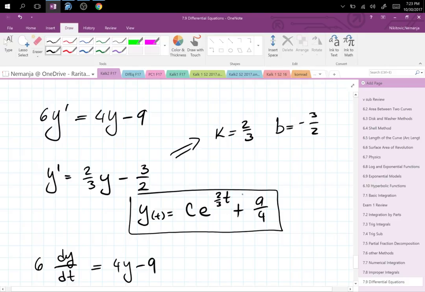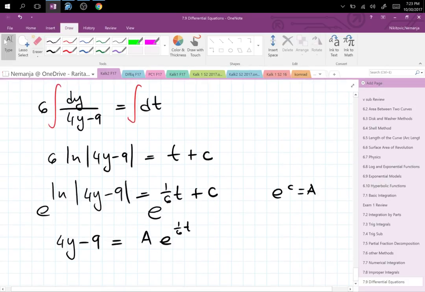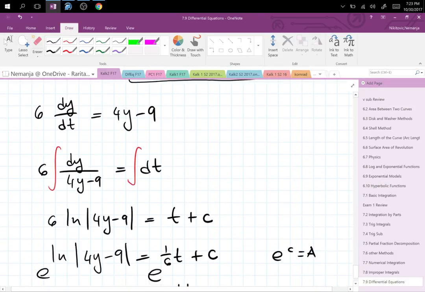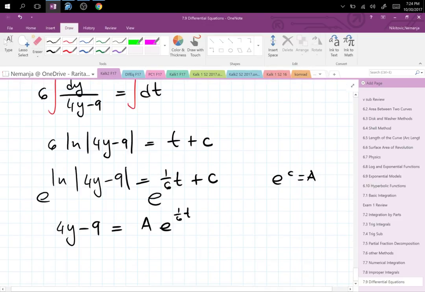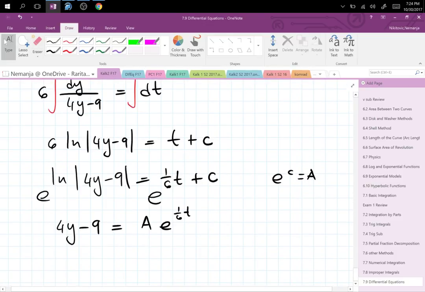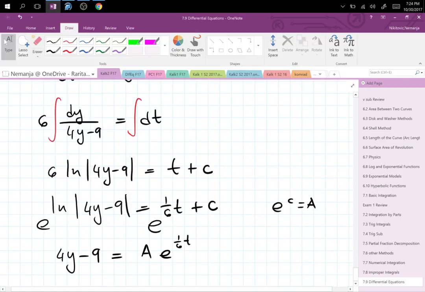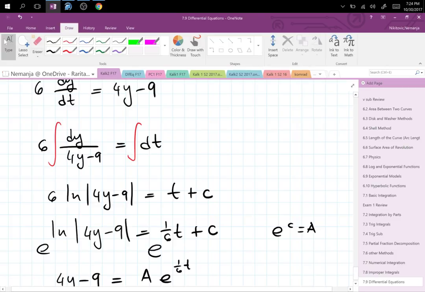I don't like it. We're supposed to get 2/3. Where's the mistake? You got the integral of 4y minus 9. Oh, yes, you're right. When you integrate, you have to divide by 4 because of the chain rule.